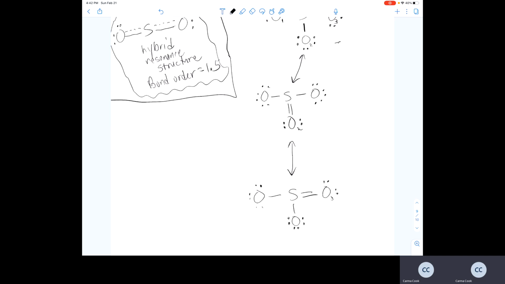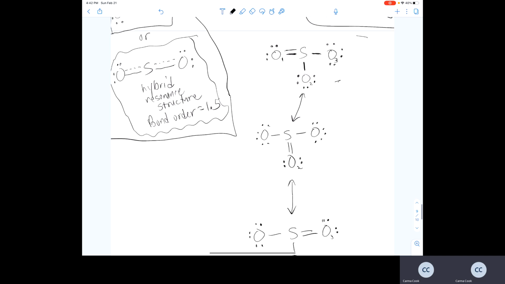And so this is also a correct structure. So for SO3, we can actually draw 3 resonant structures.